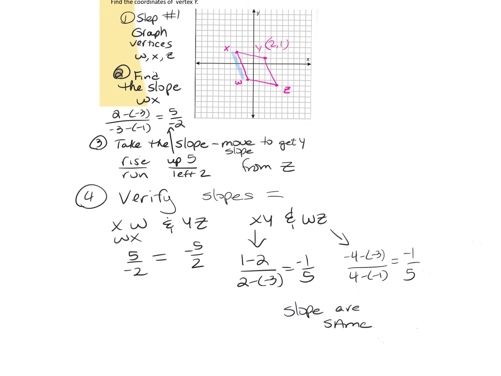Either way, that is it. The answer to this question was Y is the ordered pair 2, 1. If you've graphed it, you could also have guesstimated where it is, but you really should confirm it with the slope. Because if you're just one box off, because your slope is off, that's the wrong coordinate. So it's better to use your rise and run and find the exact coordinate.